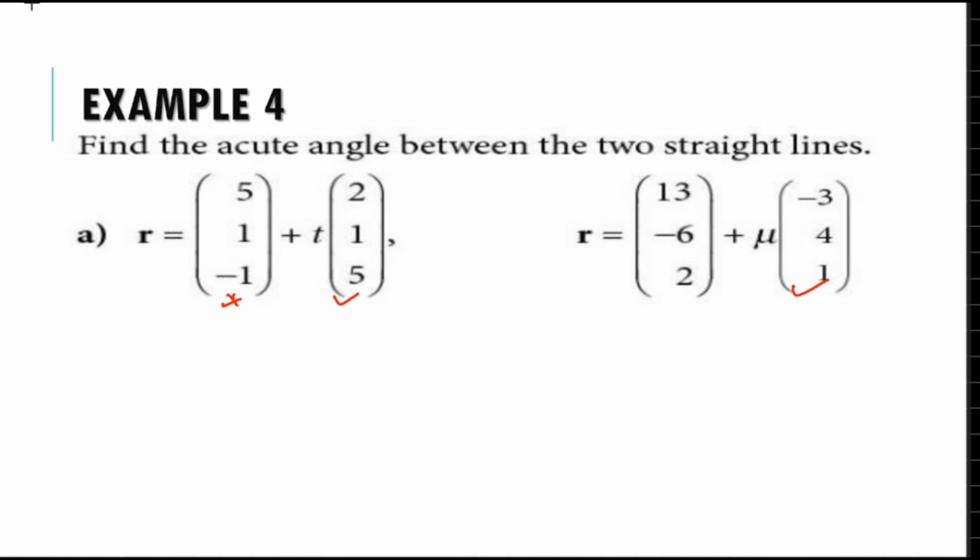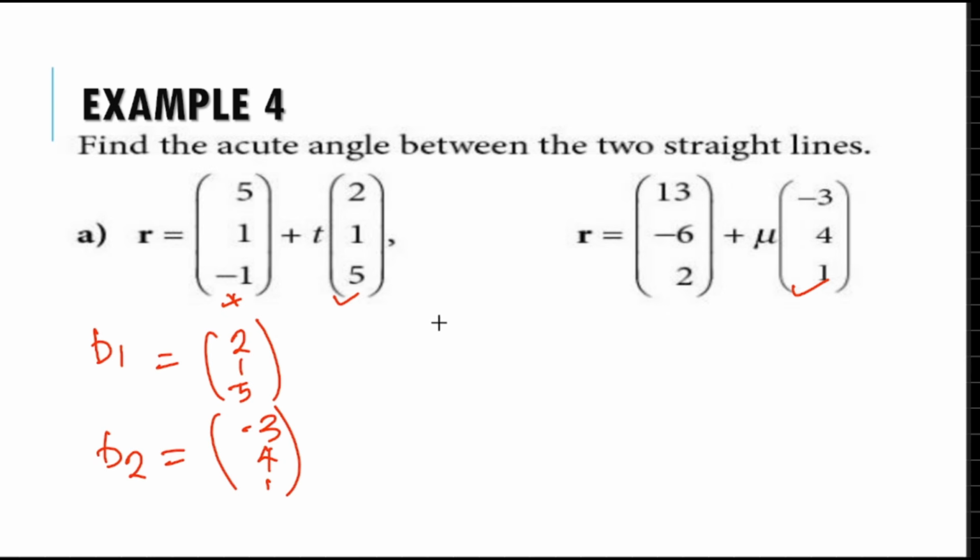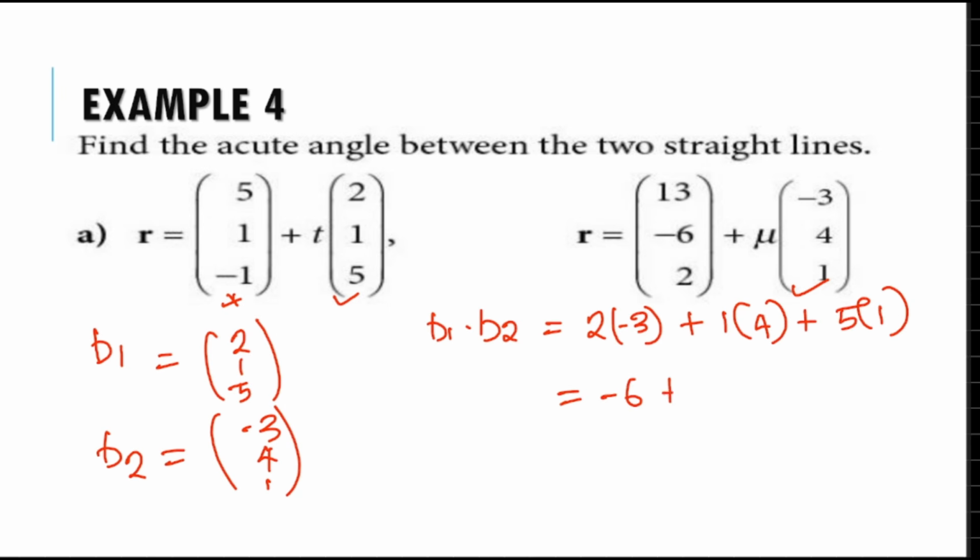So we have b1 equals 2, 1, 5 and b2 equals minus 3, 4, 1. b1 dot b2 equals 2 times minus 3 plus 1 times 4 plus 5 times 1, which is minus 6 plus 4 plus 5, which is minus 6 plus 9, that's 3. So that's the dot product.